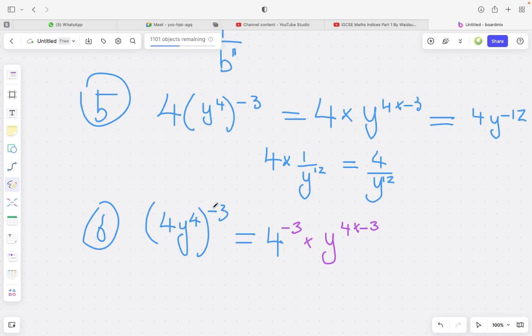So what does 4 to the power of this mean?